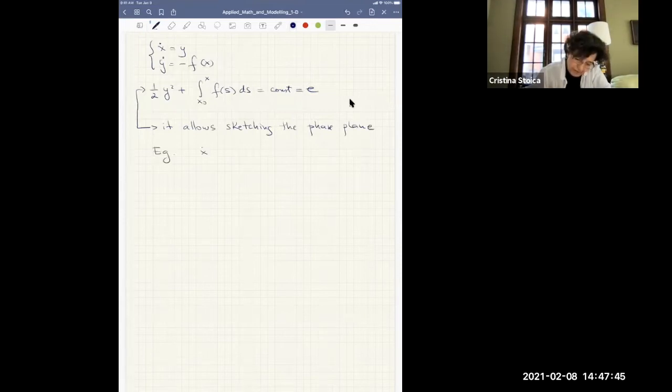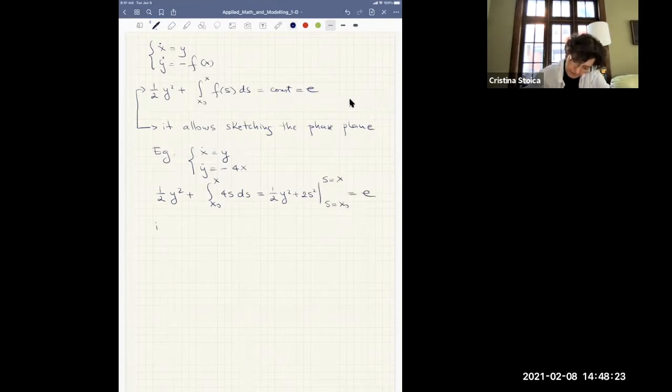So here is yet another example. We kept doing this, right? The phase plane is xy, and then for this system we have 1 over 2 y squared plus the integral from x naught to x, so on purpose I'm doing this example like this. So this would be 1 over 2 y squared and then plus 2s. So this is a constant, right?